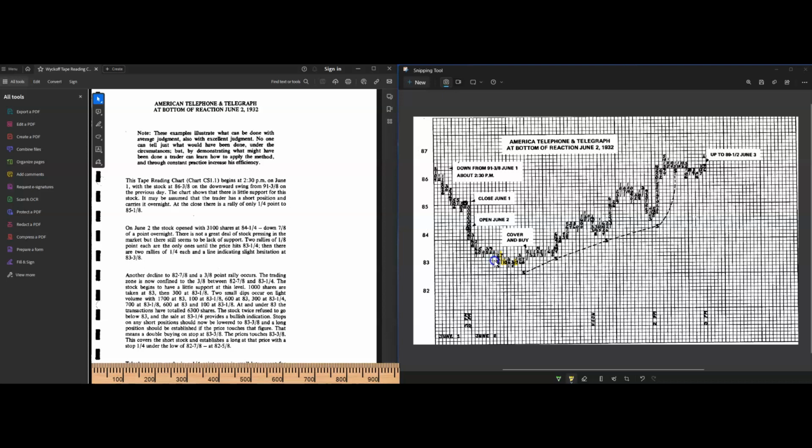This cause or this accumulation line, he has that. This is favorable to him. This 83 level has a lot of volume, and as it builds the base, it builds cause.